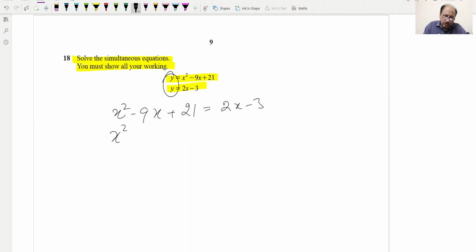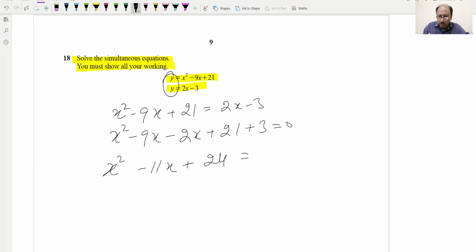So it will be x squared minus 9x minus 2x plus 21 and plus 3 is equal to 0. Hopefully you are getting it. Now adding like terms, we can combine. So x squared minus 9 minus 2 will be what? Minus 11x, and combining these two will result in 24. So plus 24 is equal to 0.